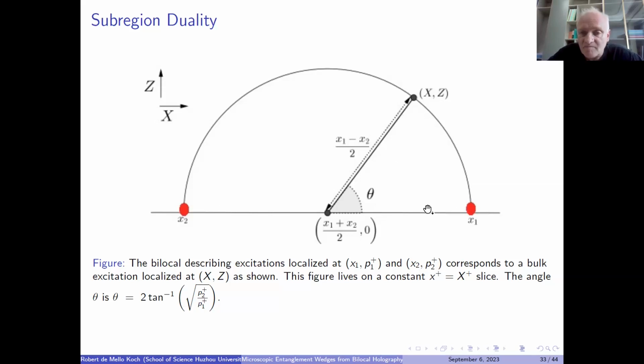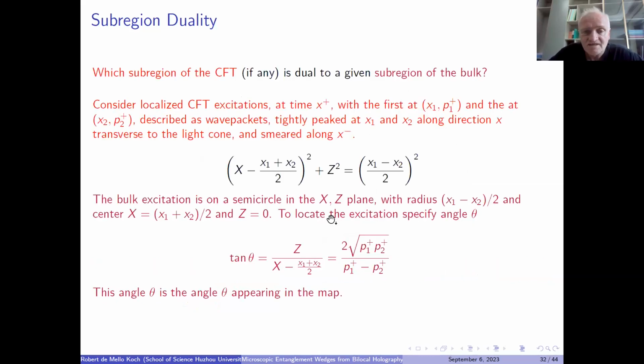Tangent of theta would be opposite over adjacent. The length of the opposite side is just z. The length of the adjacent side will just be x minus the midpoint of the bilocal. So the tan theta is just z over x minus (x1 plus x2)/2. And if you plug in from our map what is the value of z and x, you learn that tan theta is just determined by p1 plus and p2 plus.